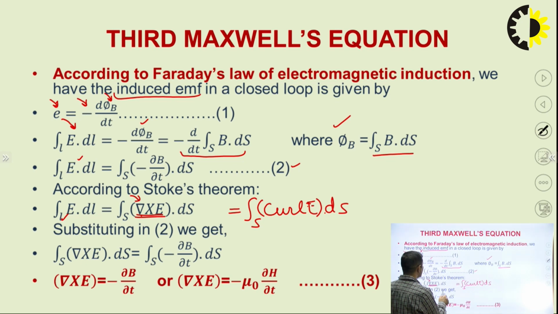Now we can substitute this value in the last equation, equation 2. The left hand side of equation 2 becomes the surface integral over S of del cross E dot ds, equal to the surface integral over S of minus del B by dt dot ds. The right hand side remains as it is, but by using Stokes theorem we convert the line integral into a surface integral, and to do that we take the curl of that vector quantity.